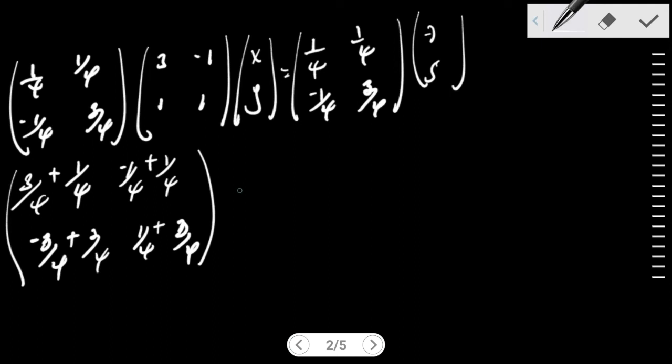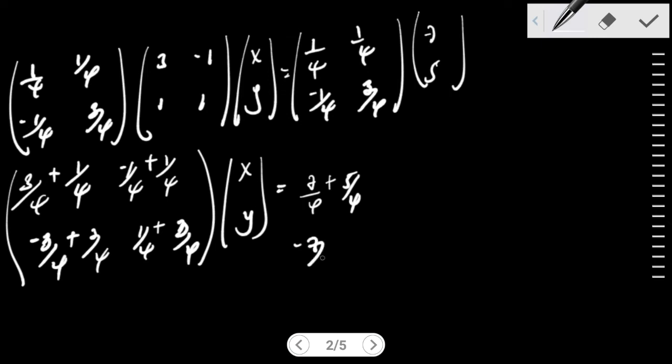And I'm having this x, y, which would be equals to, I'm having here, 1 out of 4 times 7, which would be 7 out of 4 plus 1 out of 4 times 5, which would be 5 out of 4. Now, negative 1 out of 4 times 7 would be negative 7 out of 4 plus 3 out of 4 times 5, which would be 15 out of 4. And this is also done.